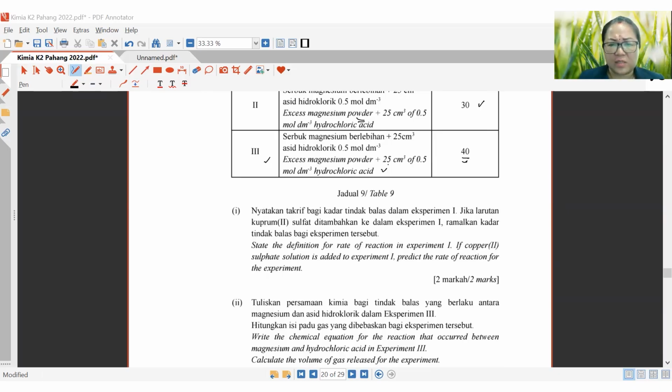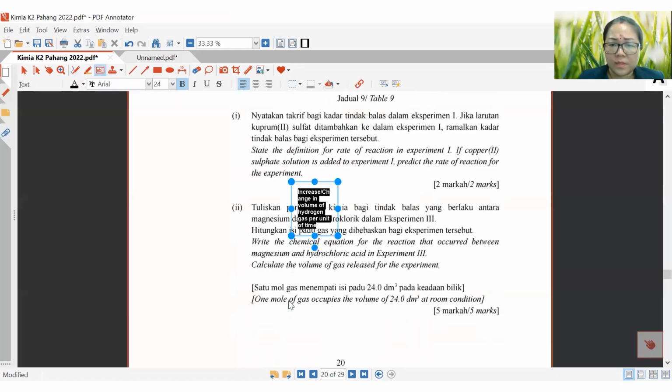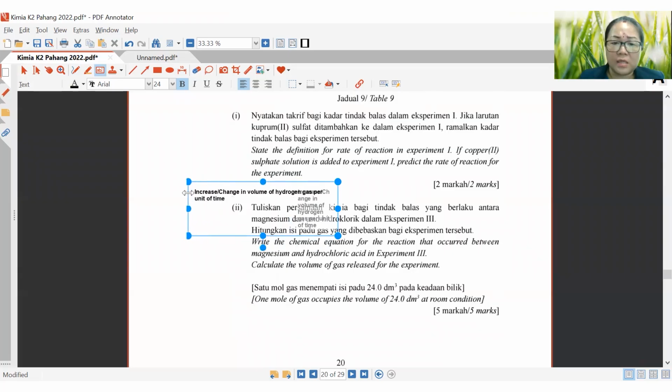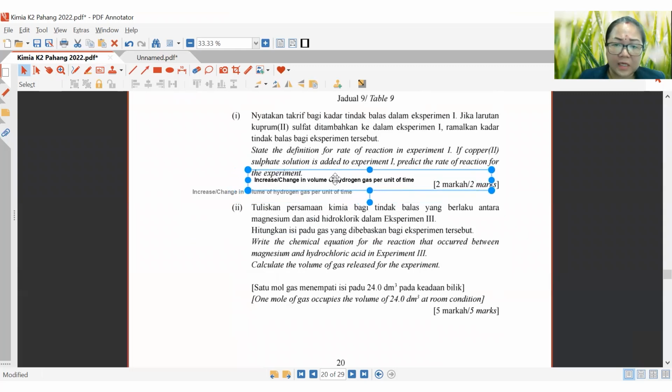So first thing first, we can see this coming, that is, increase in or change in volume of hydrogen gas per unit of time. Definitely this will happen. That's the first thing that will happen. Point 1. So that is called the definition for rate of reaction in experiment 1.